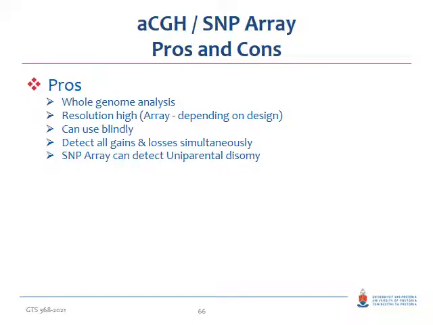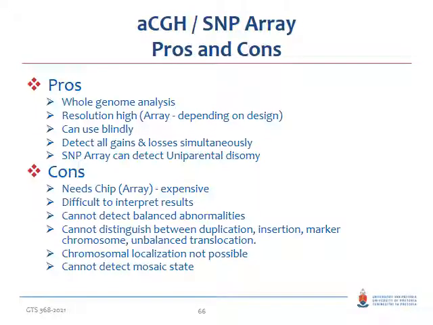But the pros: whole genome analysis, very good resolution. You can do it blindly. The gains and the losses can be detected simultaneously. And in the SNP array, you can detect uniparental disomy. However, the cons: it's very expensive, and the results can be very difficult to interpret.